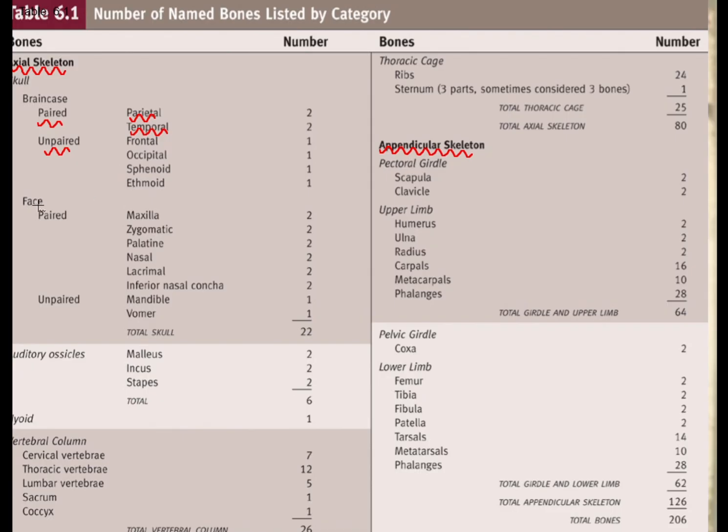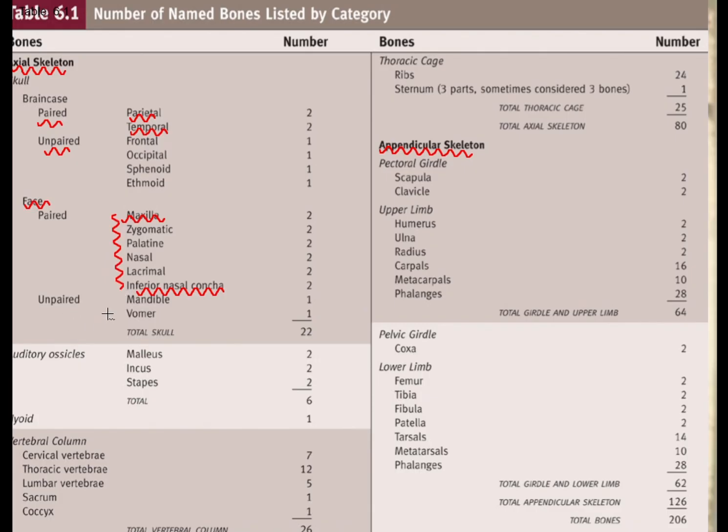Next we can talk about the facial bones. In facial bones, those that are paired are maxilla bone, zygomatic bone, palatine bone, nasal bone, lacrimal bone, inferior nasal concha bone; all of these are in pairs, that is 2 in number.